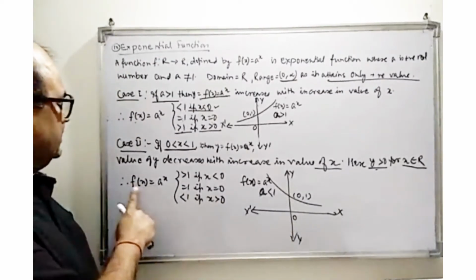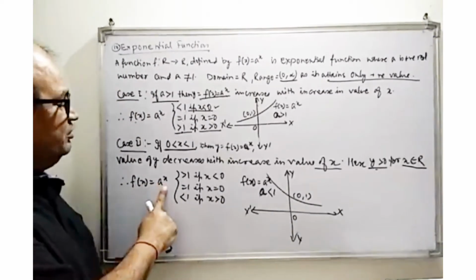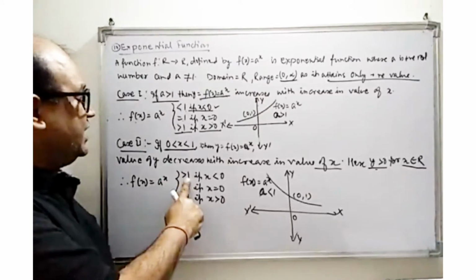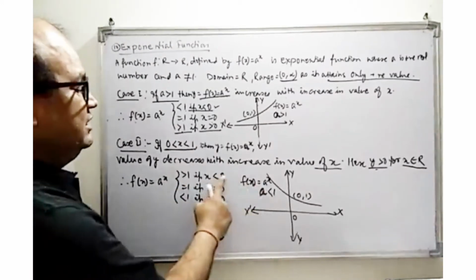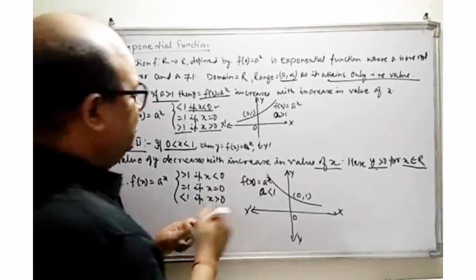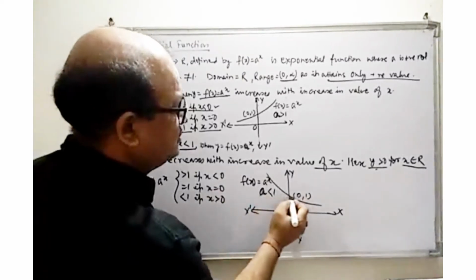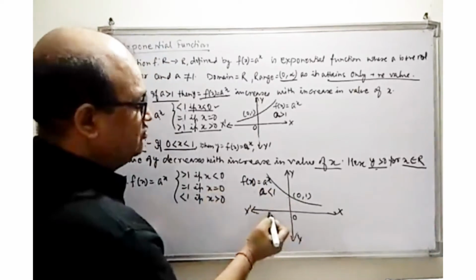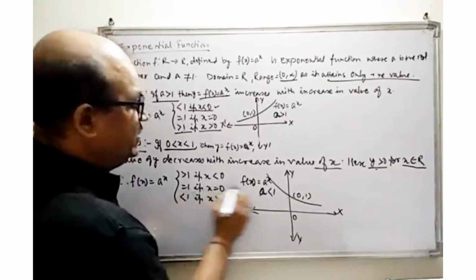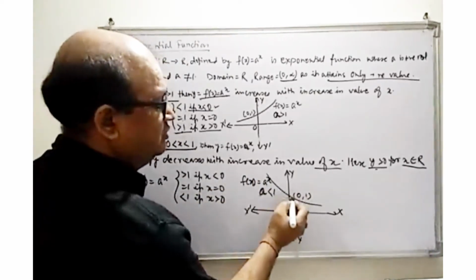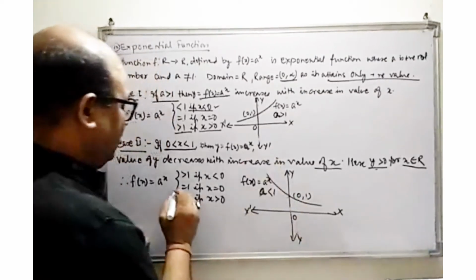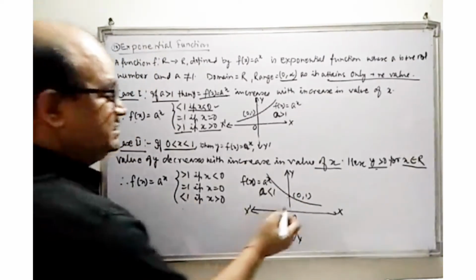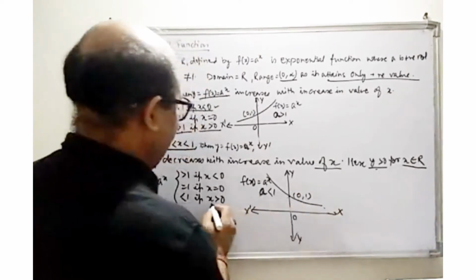Now the function f(x) = a to the power x is greater than 1 if x is less than 0, equal to 1 if x equals 0, and less than 1 when x is greater than 0, so it decreases.